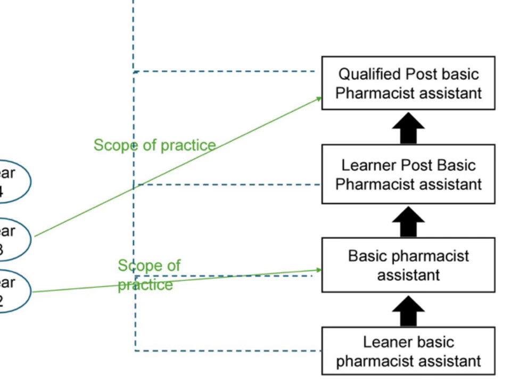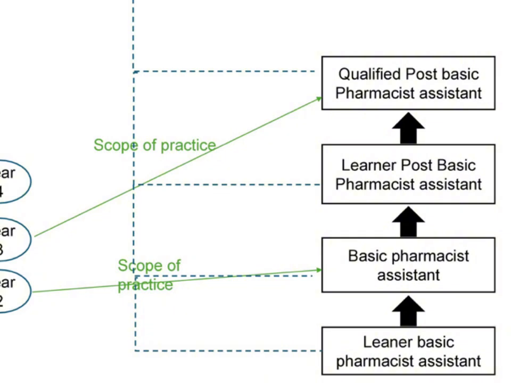After completing their second and final year, they become qualified post-basic pharmacist assistant. After completing the first year, an assistant can choose to remain and practice as a basic pharmacist assistant, or they can do the second year.